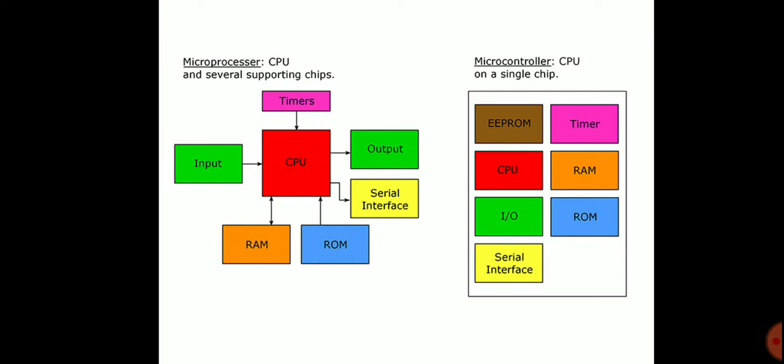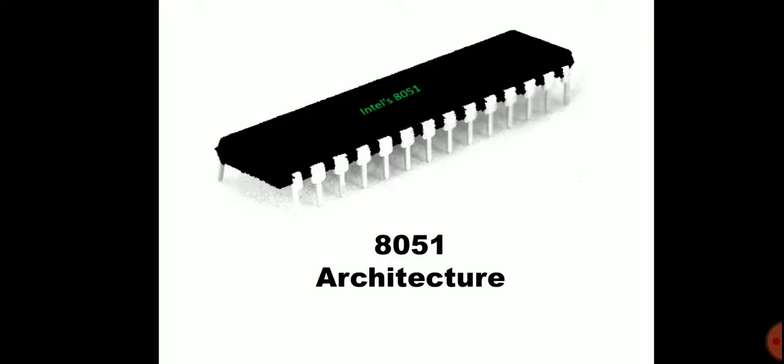Similarly, in a microcontroller, all the interfaces are built into a single chip: timer, CPU, RAM, input ports and serial interfaces are all built into a single chip to manufacture the microcontroller IC, that is, an integrated circuit. Now we see the 8051 architecture.